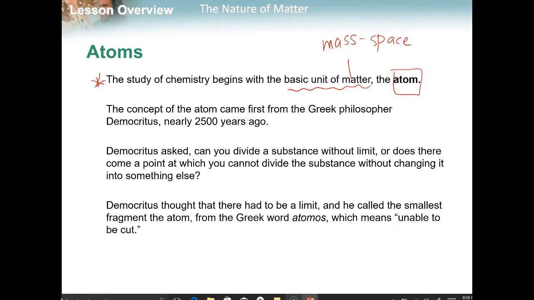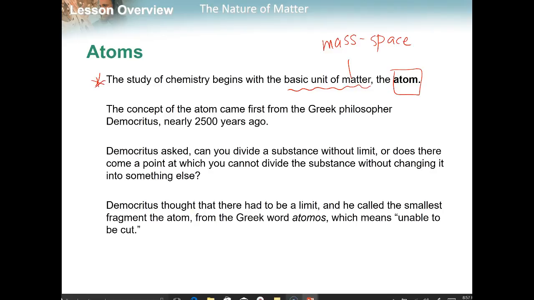So how do we know this? There was a Greek philosopher who lived about 2,500 years ago, named Democritus, and he was the one who talked about the atom. He wanted to see how much you could divide a substance until you no longer had that substance, and at what point you can break it up and it doesn't change into something else.